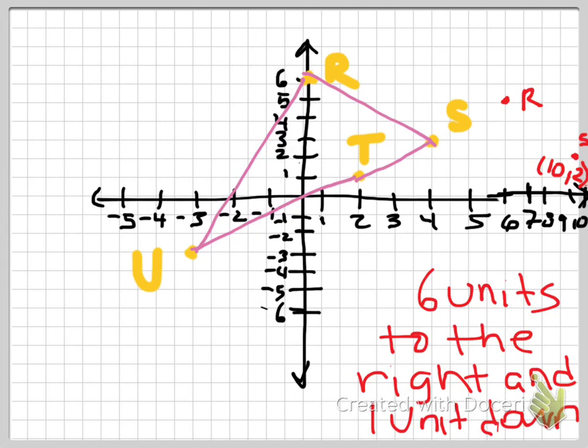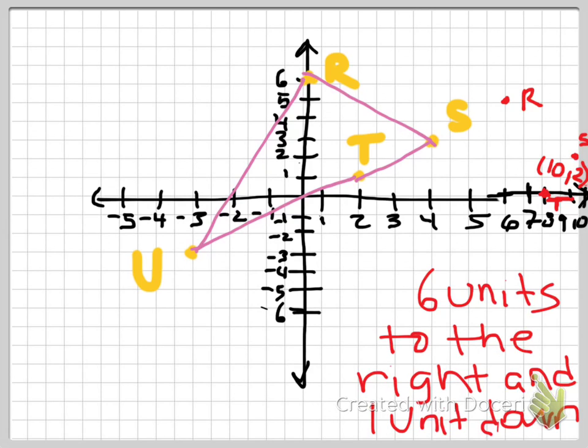That's S. Then you have T, which again, if you move 6 units to the right, that would put you at 8 on the x-axis, and 1 unit down puts you right at the x-axis. So we're going to have a point right on the x-axis here for letter T at 8, 0.